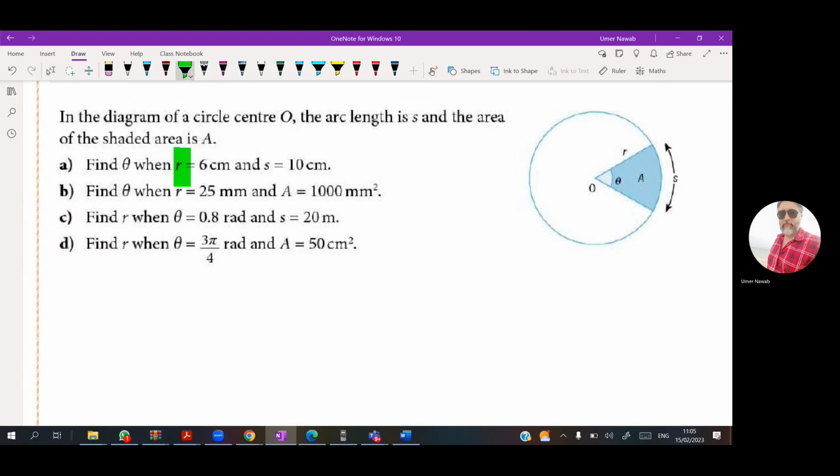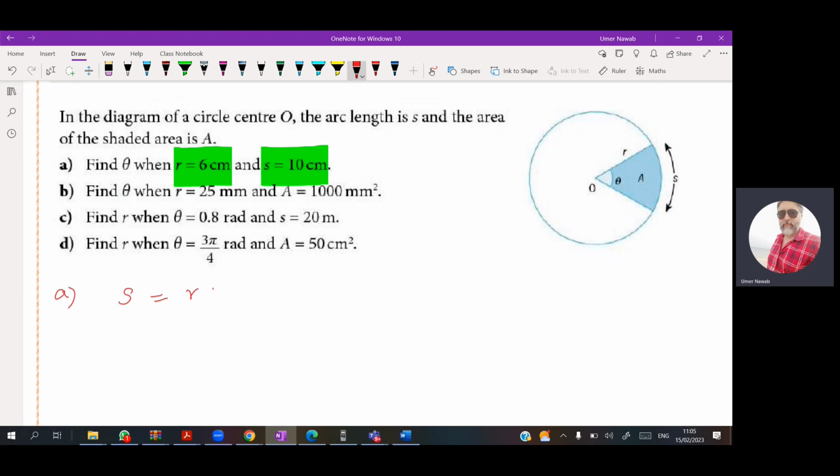Now, in part A, he gave you the radius as 6 and S, the arc length, is 10 centimeters. S is equal to r theta, S is 10, radius is 6. I want to get theta, so 10 over 6 will be your theta, and then you can simplify it. Go to the B part. He said the area is 1000 millimeters squared and the radius is 25 millimeters.